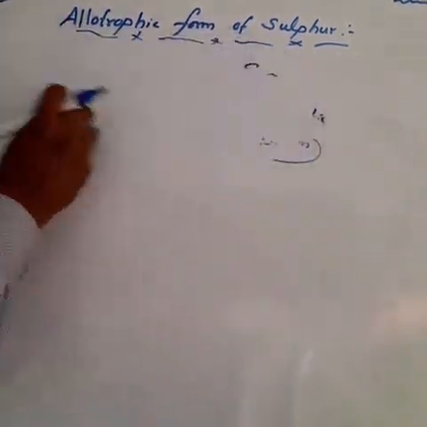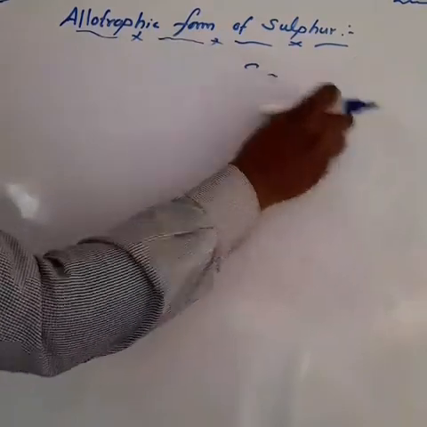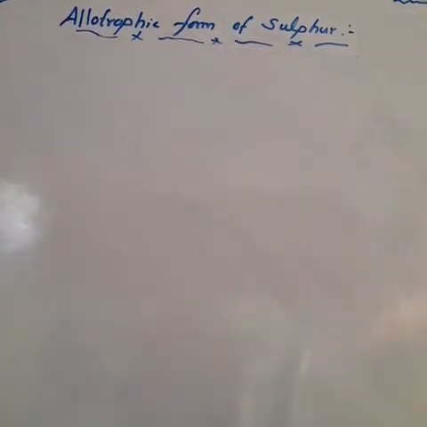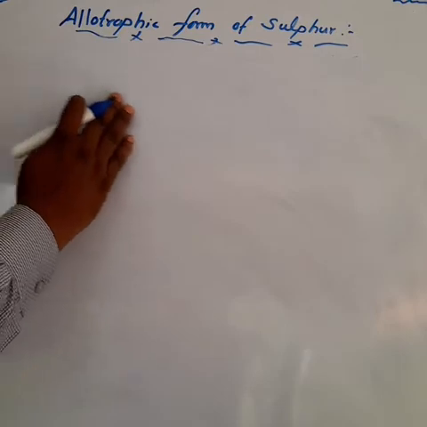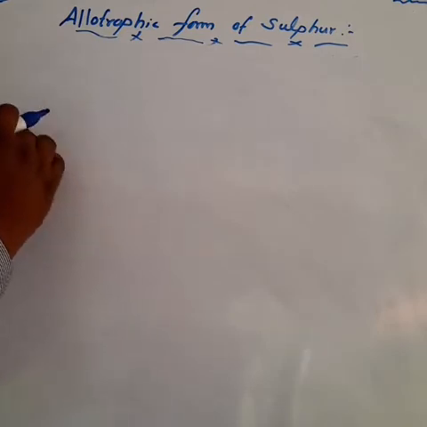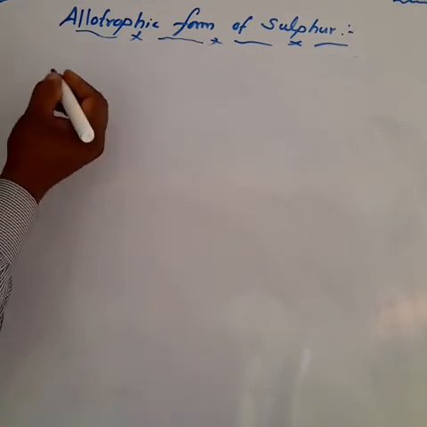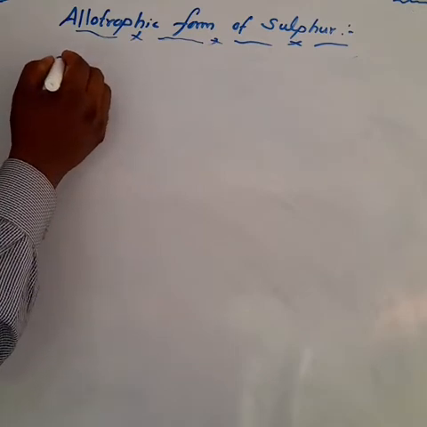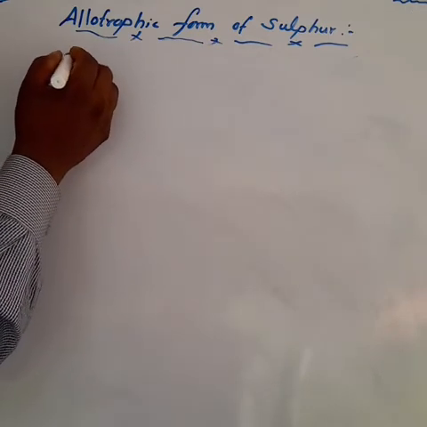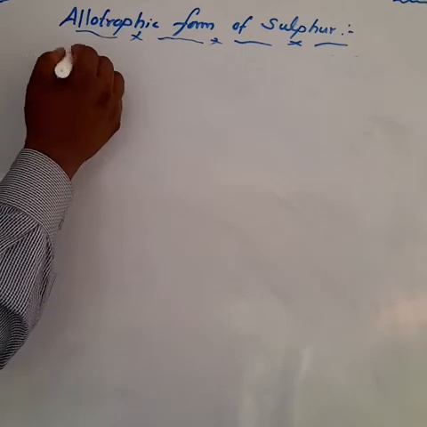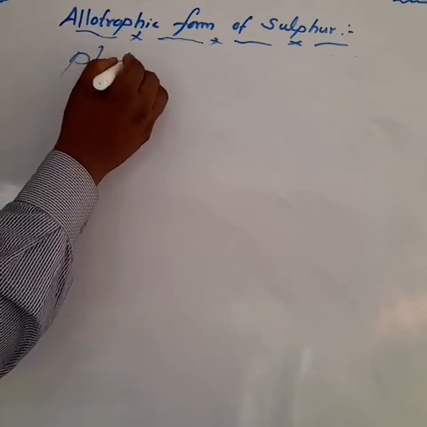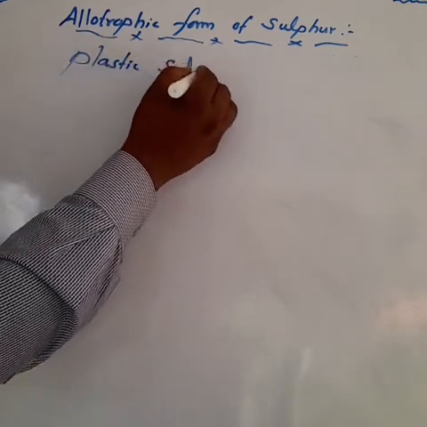This is about rhombic sulfur. Next, we can discuss some chemical reactions. When molten sulfur is poured into cold water, a yellow rubbery ribbon of plastic sulfur is obtained.